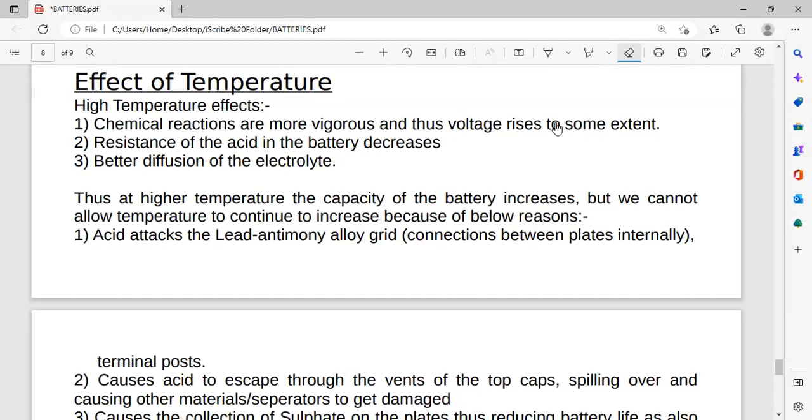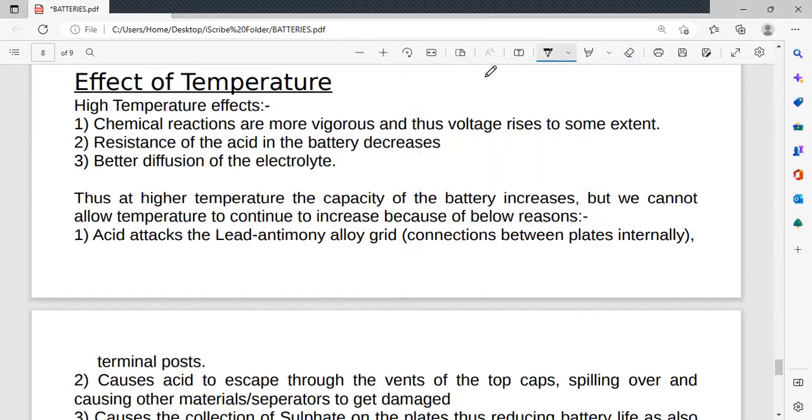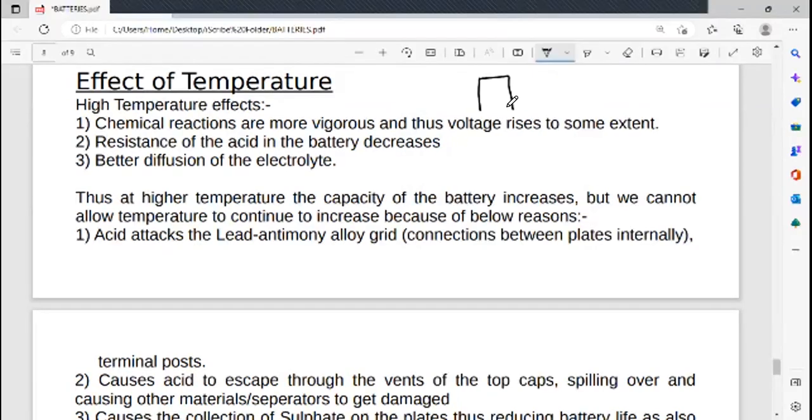If you paid attention to the lead acid battery video that I showed, you would have seen a sort of latticework for your positive as well as your negative electrodes.